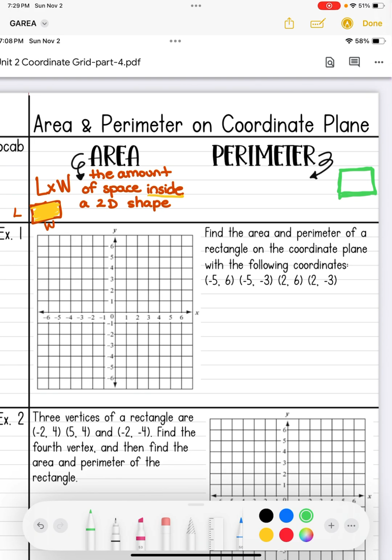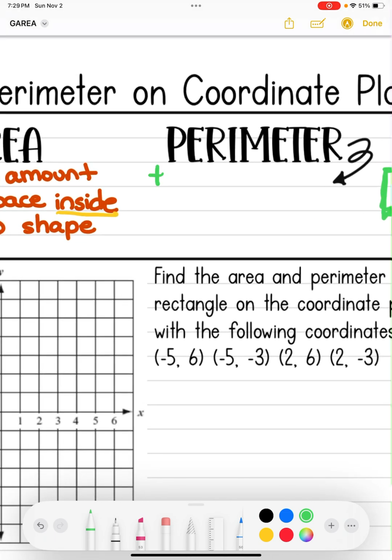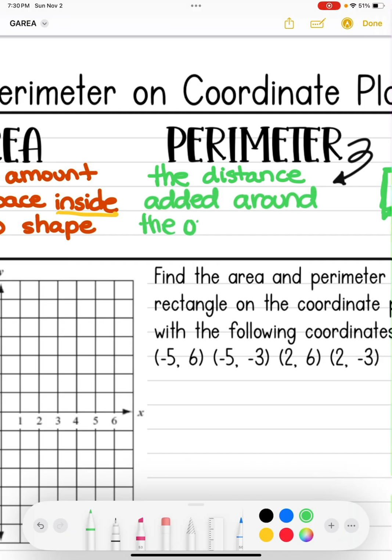So the perimeter is the distance added around the outside of a 2D shape.